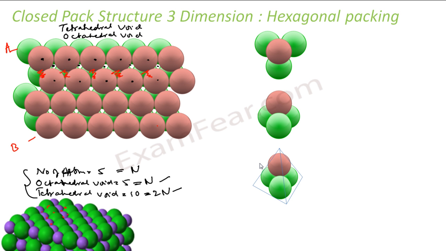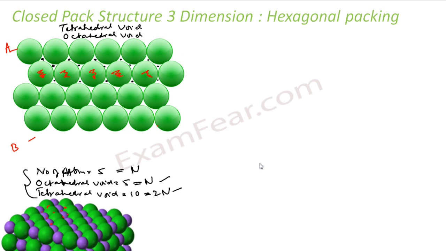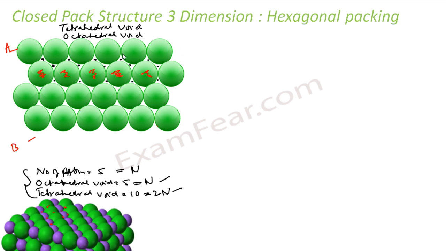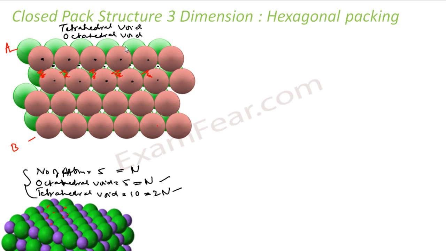Now let's talk about the octahedral void. Look at this area. Look at maybe 3 green spheres here. On this, we will put the red ones like that, 3. 3 green in this triangle and then 3 red in this triangle, and that will form the octahedral void.